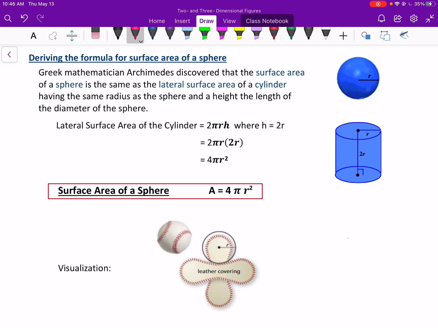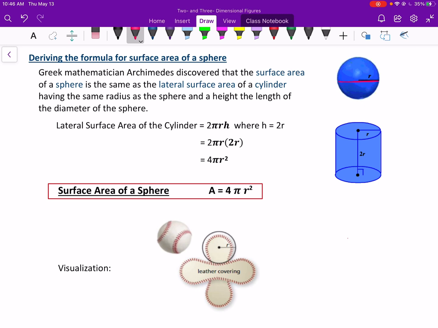The Greek mathematician Archimedes found through a lot of experimentation that the surface area of a sphere is the same as the lateral area of a cylinder having the same radius, as in the picture, and a height that is the length of the diameter of the sphere.